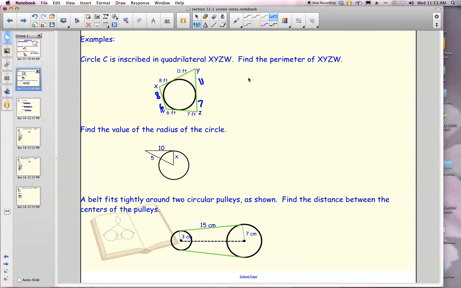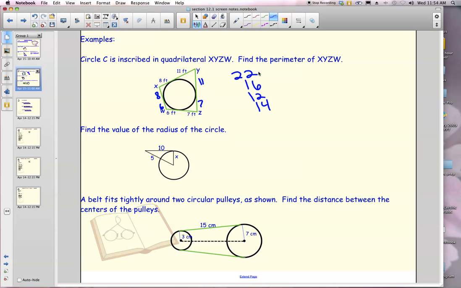So when you go through and try and find the perimeter, you would add 11 and 7 and 7 and 6 and 6 and 8 and 8 and 11. So that would give us a total of those 22, 14, 12, and 16.